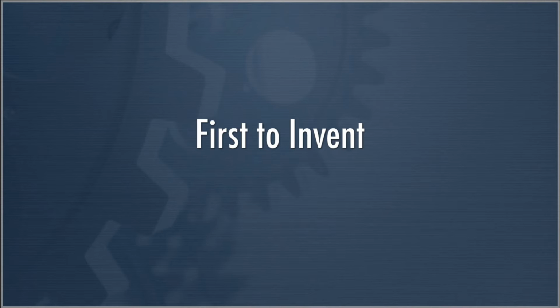The argument for first to file is that it's simpler, right? It's a lot cheaper, a lot easier. You don't need to try and prove inventorship, which, as we'll find out, can often be somewhat difficult. And so it is administratively easier to set up and maintain a first to file system.